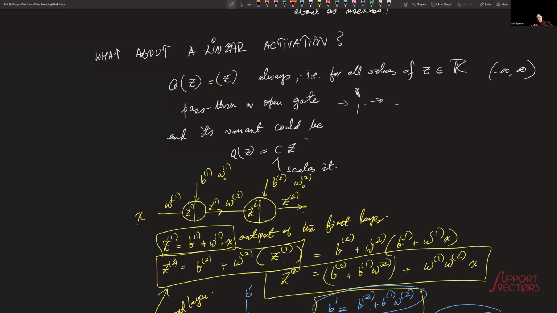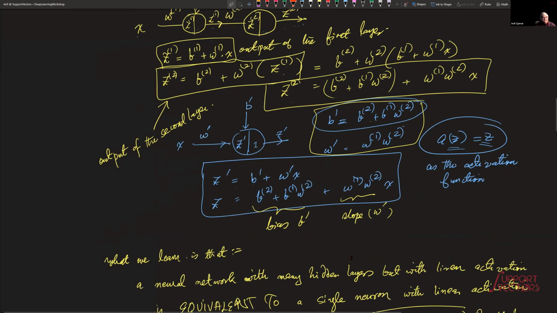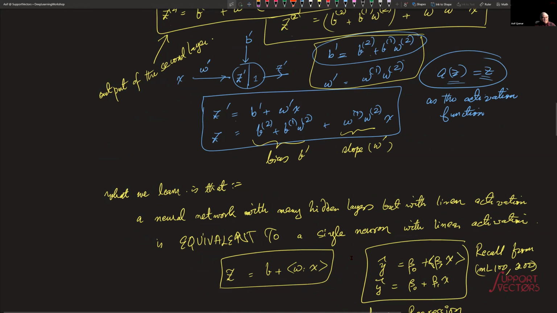It does not capture the complexities or the non-linearities of a generalized embedded manifold, or hypersurface that captures the relationship between feature space and the target space. It cannot possibly. It will always be a flat hyperplane. So therefore, linear activations are not something that will serve our purpose. And therefore, we need nonlinear activation functions. So that is one lesson to learn.